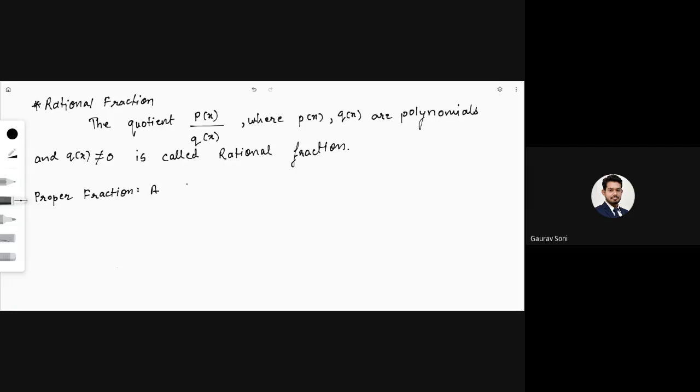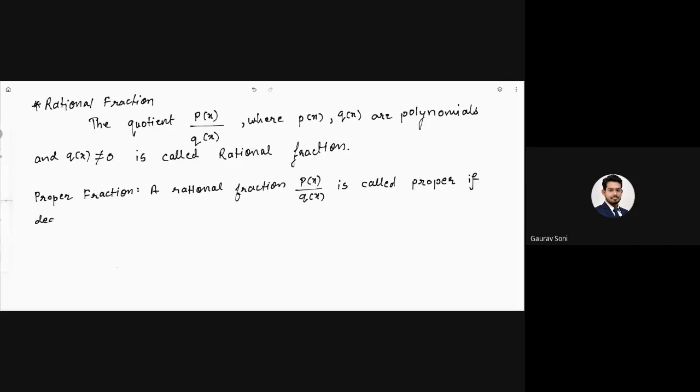So, a rational fraction P of x upon Q of x is called proper if the degree of P of x is less than the degree of Q of x.